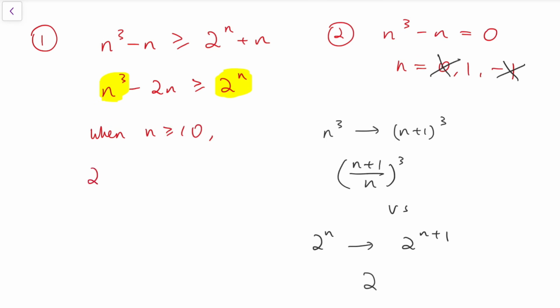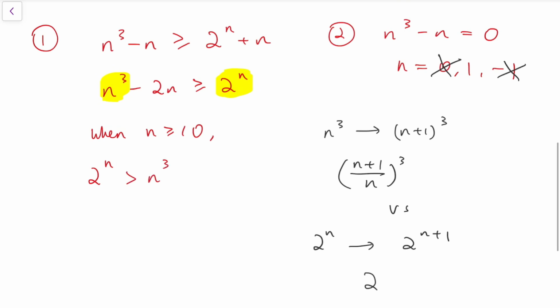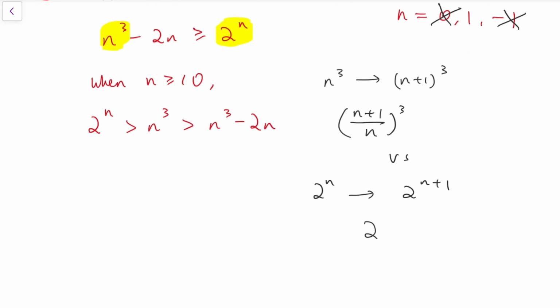Notice that 2 to the power of n by that time will be larger than n cubed, and in particular, even larger than n cubed minus 2n. So that inequality above will not hold. There are many ways to prove this rigorously.